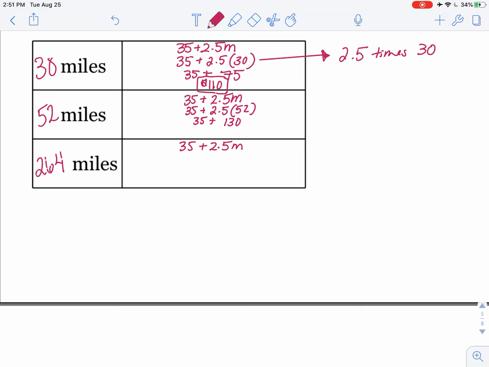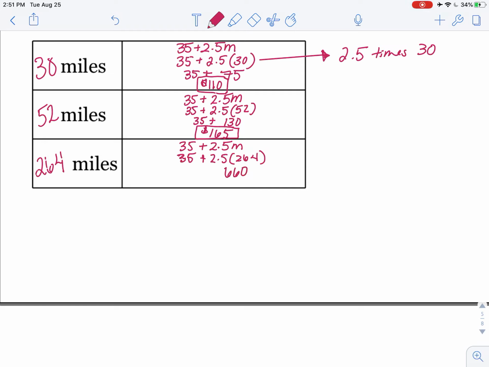And then plus that original $35 is $165 total to rent the truck for 52 miles. Last but not least, we'll plug in our 264 miles, a long trip, and we'll multiply 264 times 2.5, that 250.